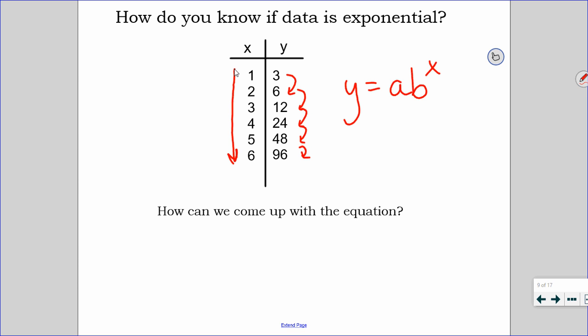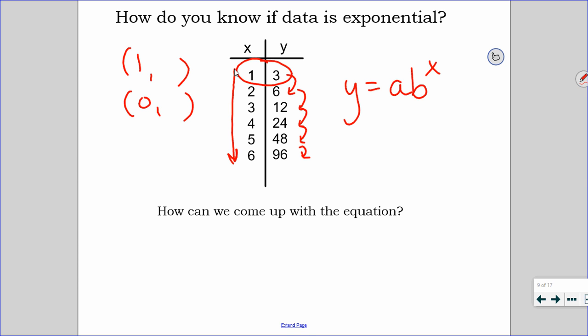Now you could really pick any 2 points that you want, but if there's the point (1, 3), so if there's a point that has an x of 1 or an x of 0, if there's both of them, then you're golden. That's going to be really easy. But if there's at least one of them, you want to pick that point. The other point, it doesn't matter at all.